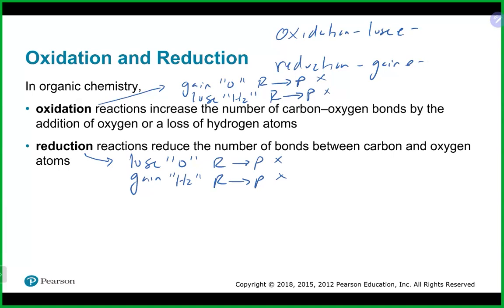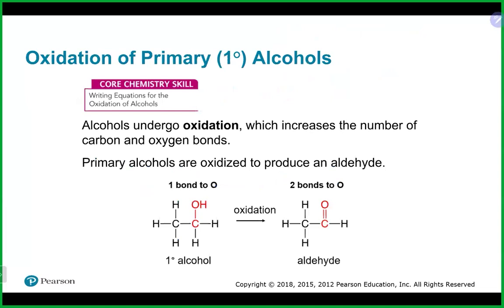So as it says there, oxidation will increase the number of carbon-oxygen bonds by the addition of oxygen and the loss of hydrogen. And again, will basically reduce the number of bonds between carbon and oxygen on reduction. So let's take a look at alcohols and these reactions that occur. And they are based on the type of alcohol you're dealing with.